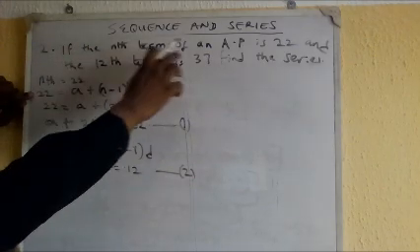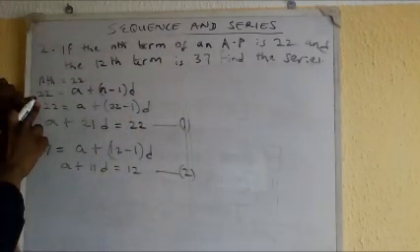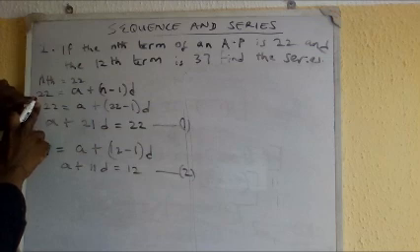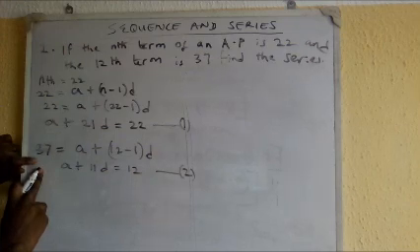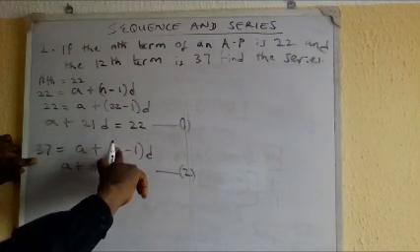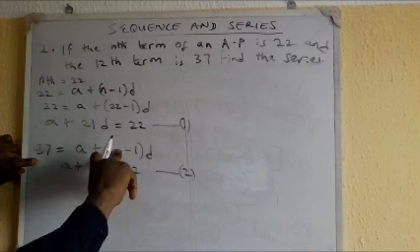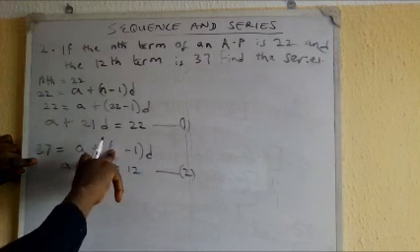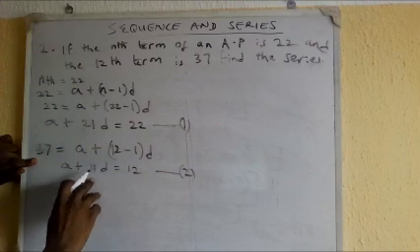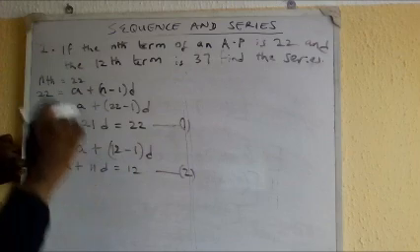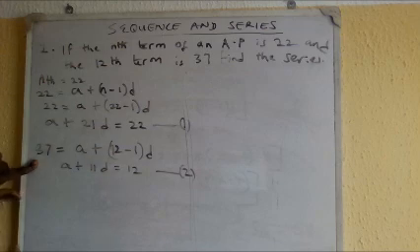Why, if the nth term of an AP is 22? 37. So it's 37 here. The 12, so this is 12 here.